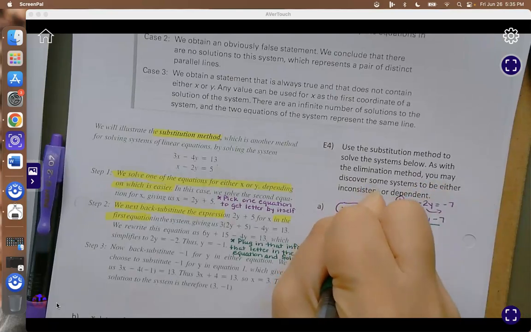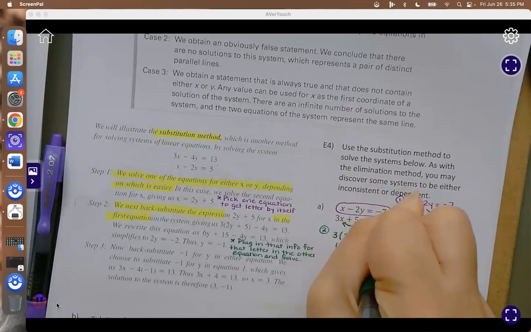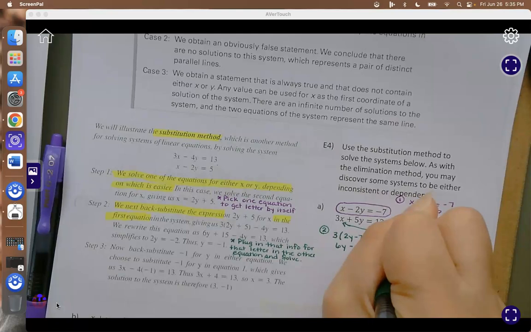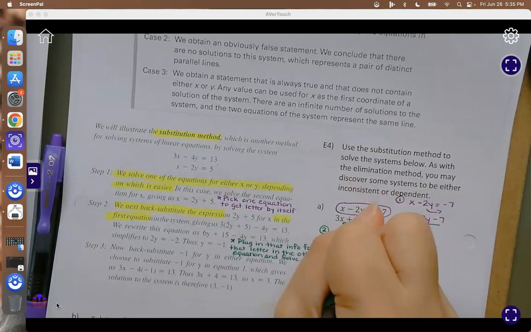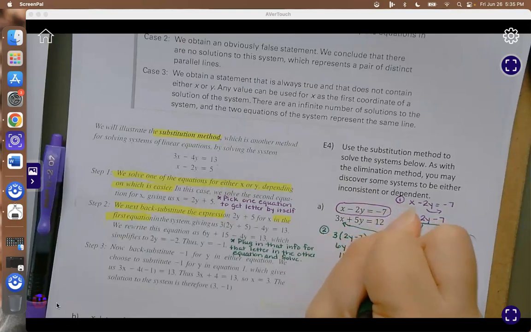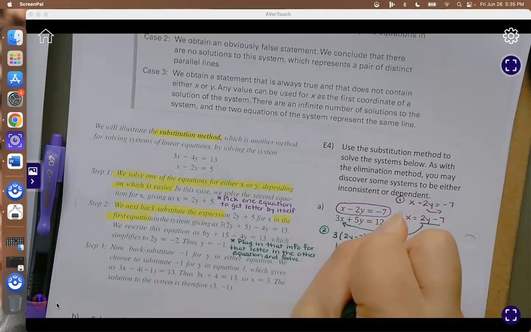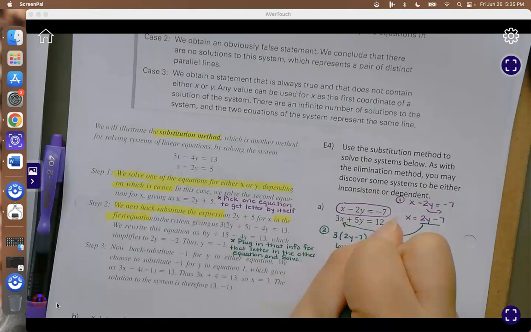So this is 6y minus 21 plus 5y equals 12. So this is 11y minus 21 equals 12. So we move the 21 over, so this is 11y equals 33. Then we divide by 11, so y equals 3.